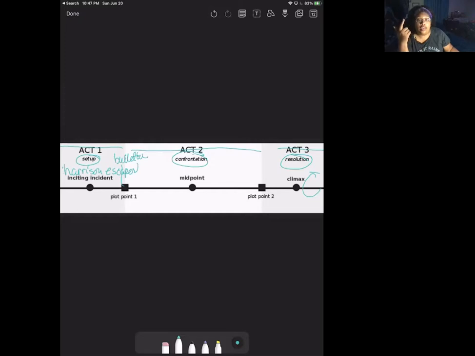You hear that he has escaped. So the inciting incident is Harrison escaping. We don't get to see it, but we hear about it in plot point 1. If Harrison didn't escape, there would be no story. This is your conflict, or one of your conflicts. And then we move into the confrontation essentially.